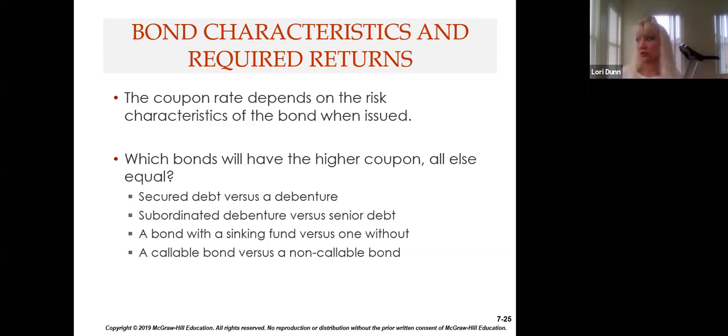Then they have to start looking at the different risks dependent on the characteristics of their bond and determine a coupon rate of interest on the bond. How much interest should we pay on this bond? And they're going to look at these various things. But you need to understand something.